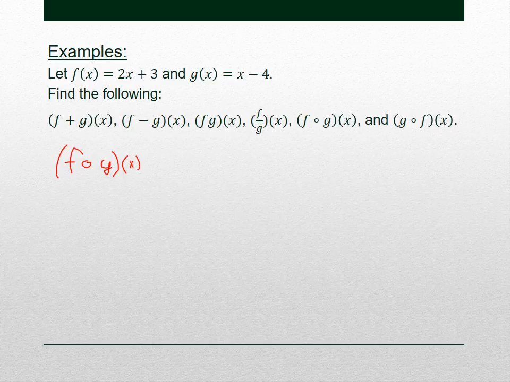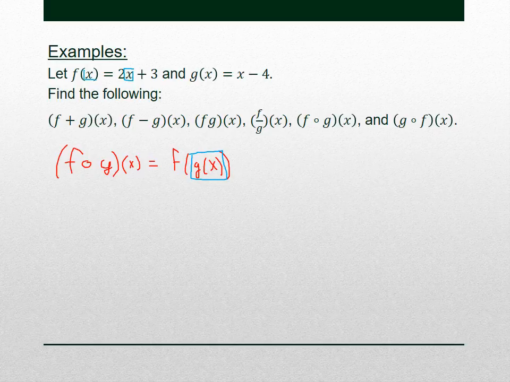Okay, now, what about f of g, or f composed with g of x? So remember, what that means is that you are going to plug the whole function g of x into that function f. Right, so remember, f is 2x plus 3. So f of g of x means that instead of a 2x plus 3, it's going to be 2g(x) plus 3.